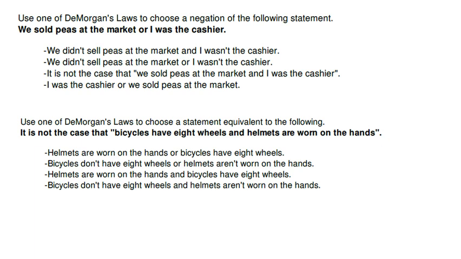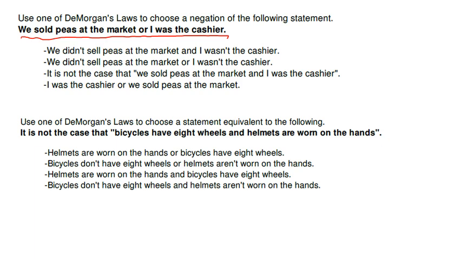Here's our first example of using De Morgan's law. We want to use De Morgan's law to negate the following statement: We sold peas at the market, or I was the cashier. If we look at the list here, we know De Morgan's law says if we negate an or, it has to be converted to an and.